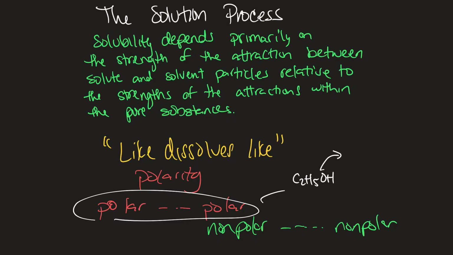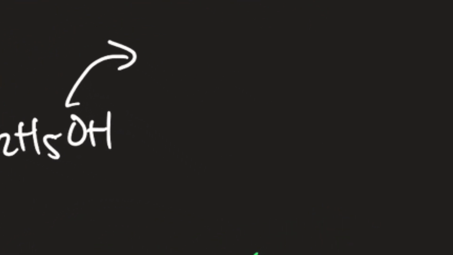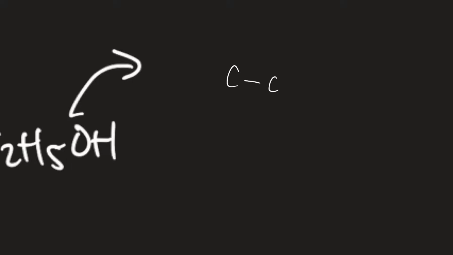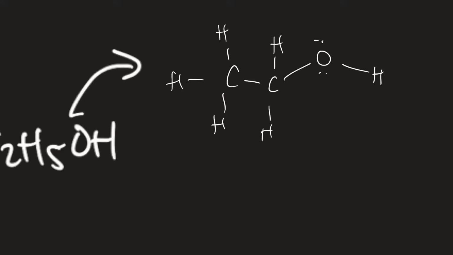When you look at the structure of ethanol, we see that it is a polar molecule, because it has this oxygen and this OH end, this alcohol. That's what they actually call it, this alcohol at the end of this organic structure. This causes the structure overall to be polar.